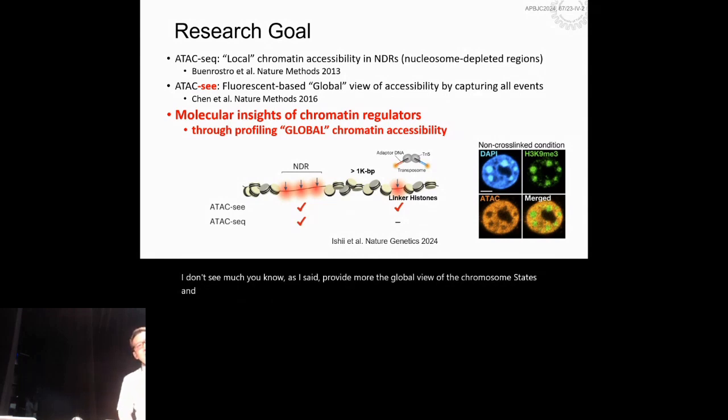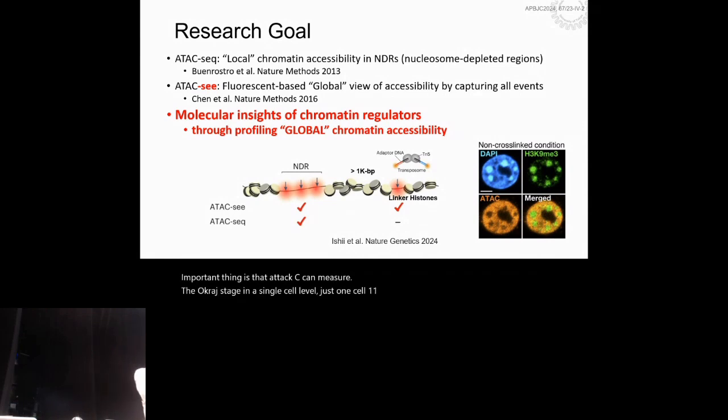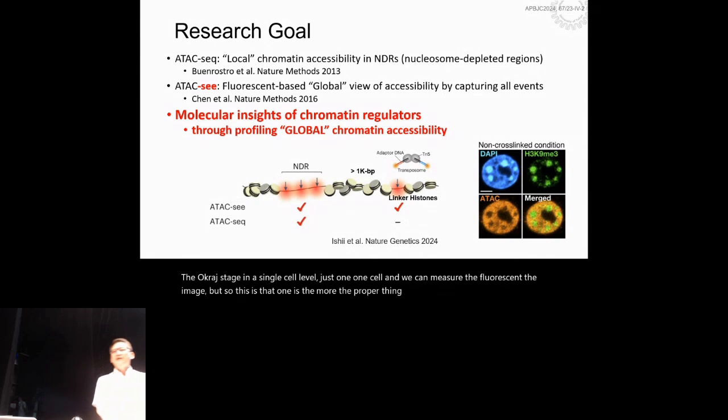And the important thing is that ATAC-see can measure the open chromatin state at the single cell level. Just one cell, and we can measure the fluorescent image. That is the more powerful thing compared to ATAC-seq.